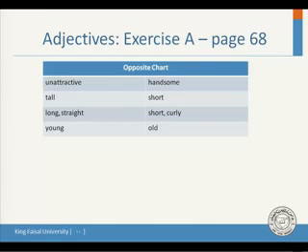We say a handsome man, a handsome young man. Tall, short. Long, straight hair, and the opposite is short, curly hair. Okay, the opposite of young is old.